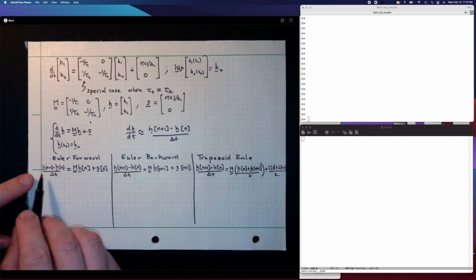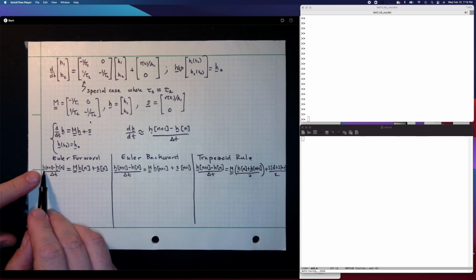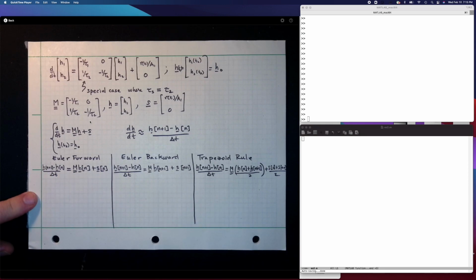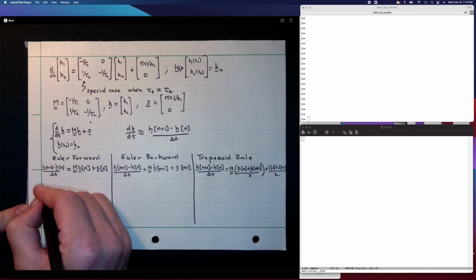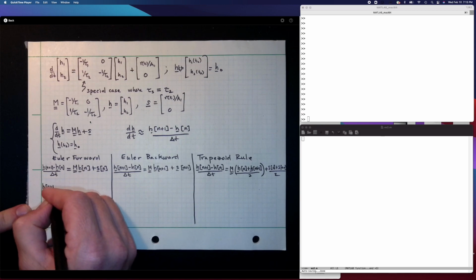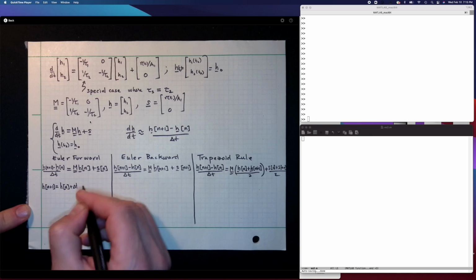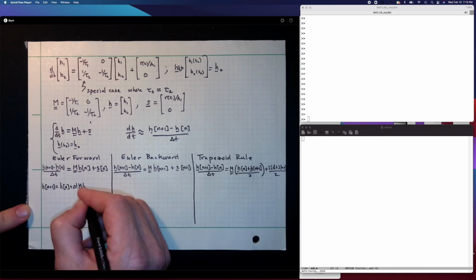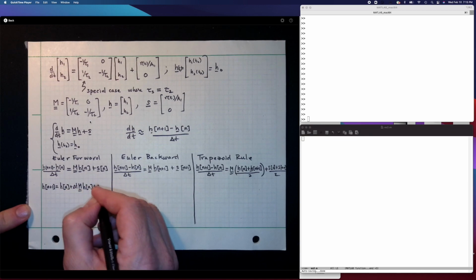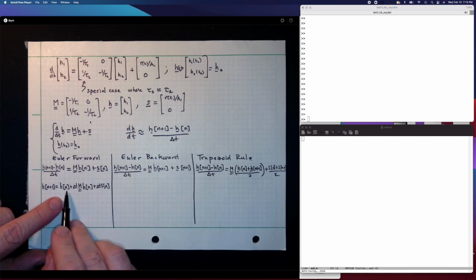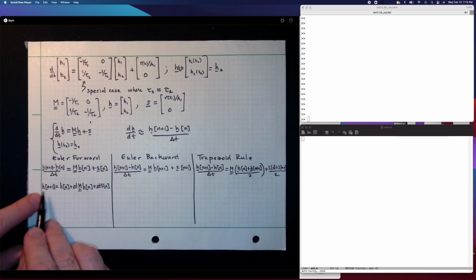And now in each case, I will isolate h of n plus 1 on one side and the other terms on the right hand side. So for the first scheme, h at n plus 1 is equal to h at n plus delta t times m times h at n plus delta t times s at n. And now all these quantities are known at time step n, and I can move forward to time step n plus 1.